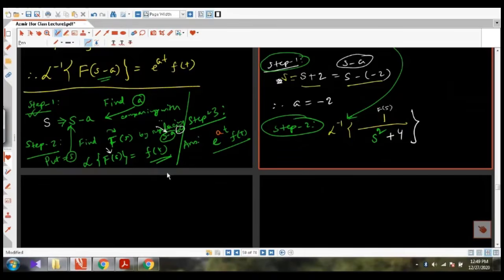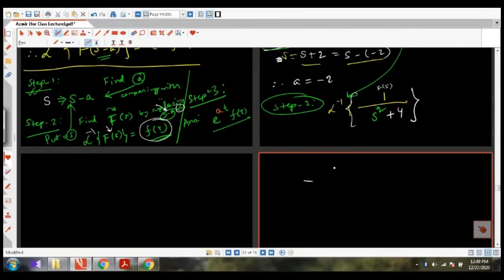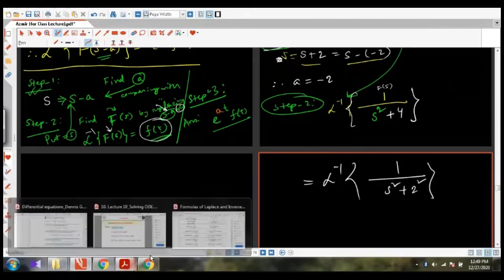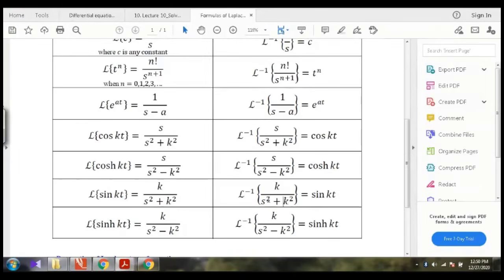Now in step 2, you can see we have to find the inverse Laplace transformation of F(s). That will give us f(t). So let's try to find the inverse Laplace transformation of this one. Is it okay? Are you understanding? Yes, sir. So now inverse Laplace of 1 over s squared plus 4, that means 2 squared, s squared plus k squared, s squared plus 2 squared.